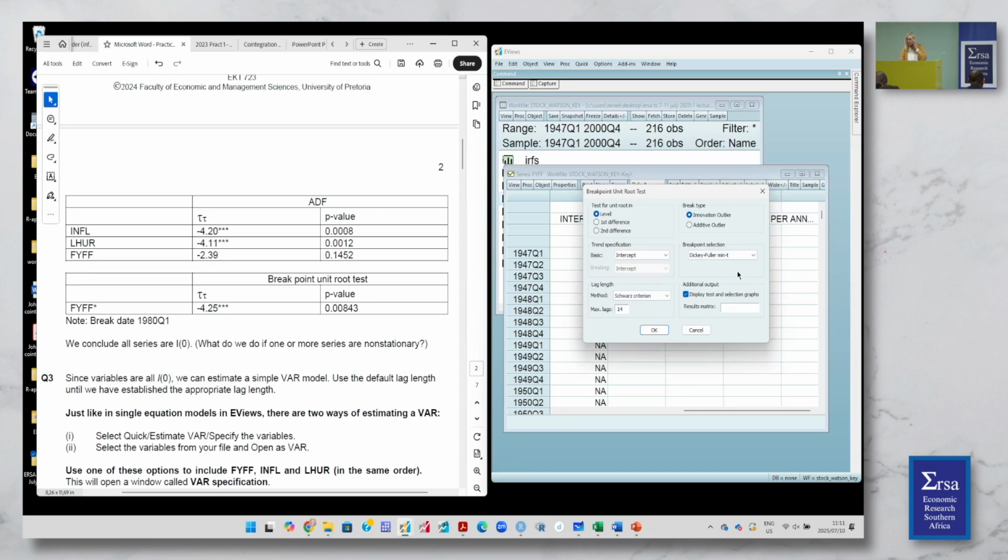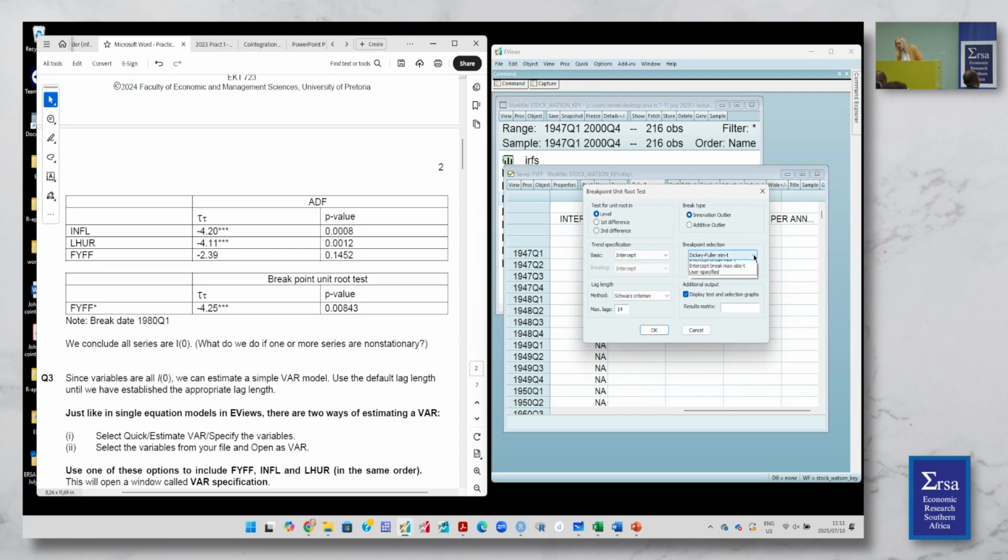Here you have different options. You can make the assumption that the break is an intercept break or a trend break. You can choose between innovative outlier or additive outlier, that is, is it a sudden break or a gradual change?